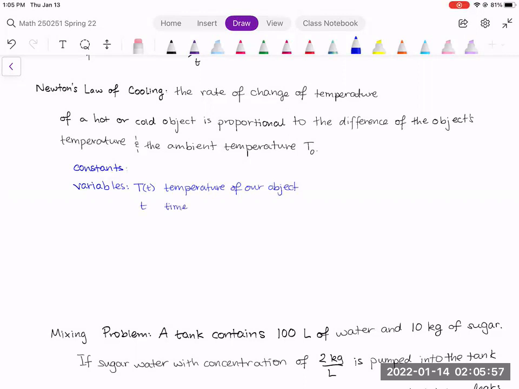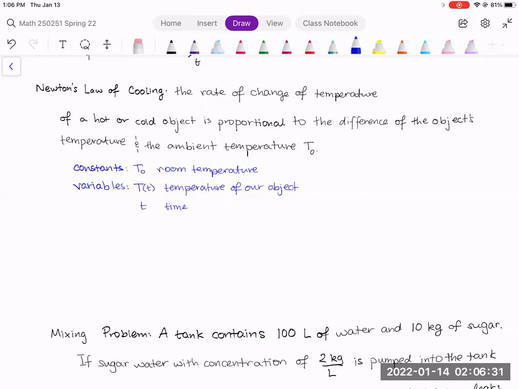And for constants, we have the ambient temperature or the room temperature. And we're going to be just assuming that we have a constant ambient temperature. Okay. We could always modify our model to change some of these assumptions, but that's what we're going to start with.